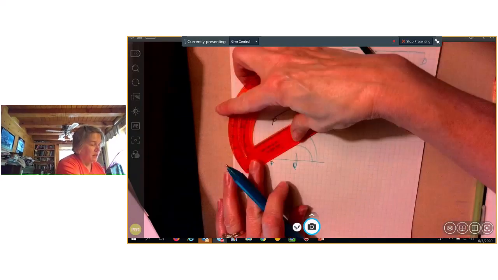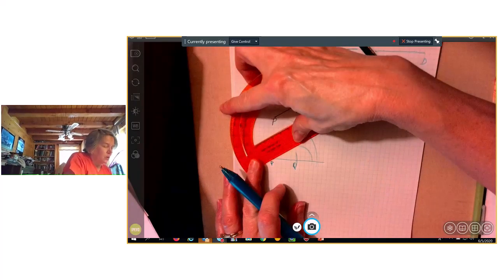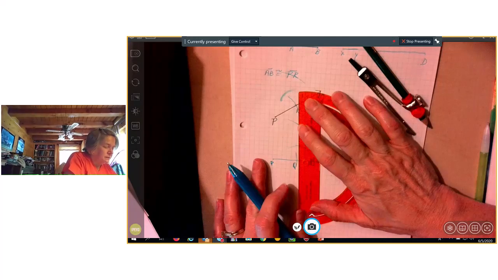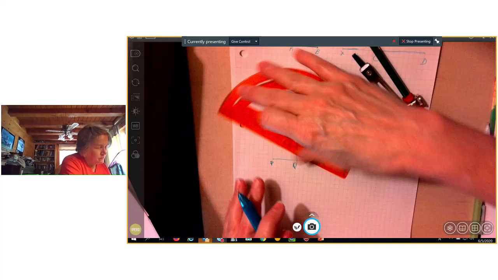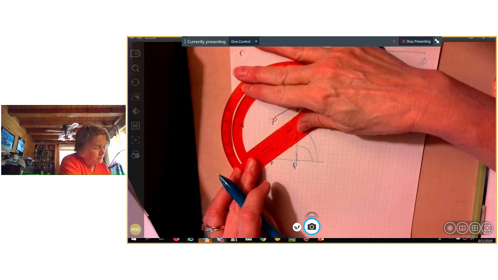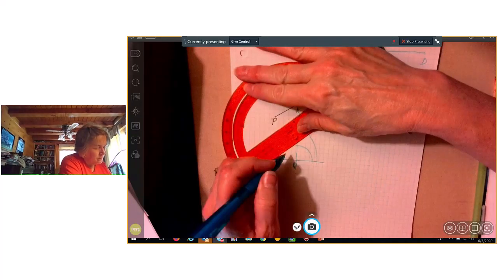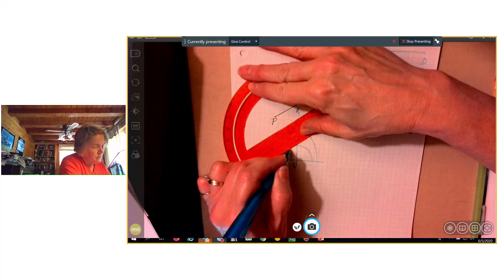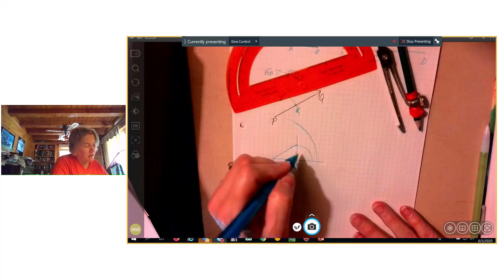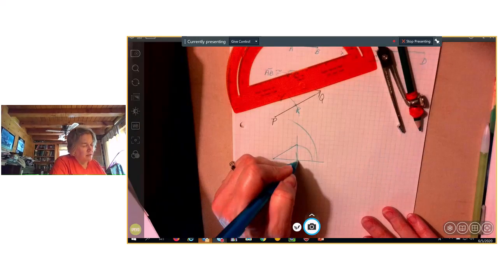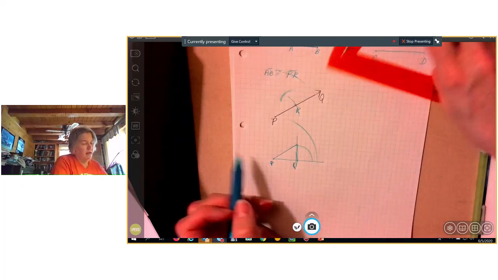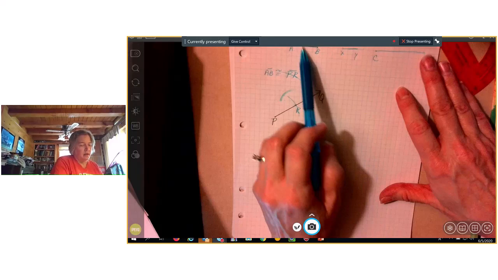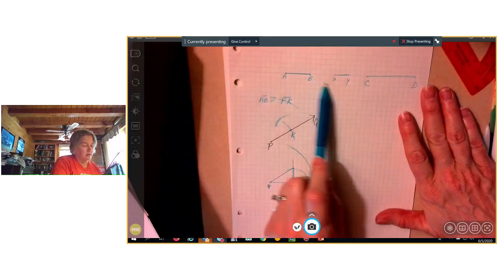But if I draw a line up from here, then I've drawn a triangle because I've made the intersecting lines here and here. And those are the same lengths as what I had up here at AB, XY, and CD.